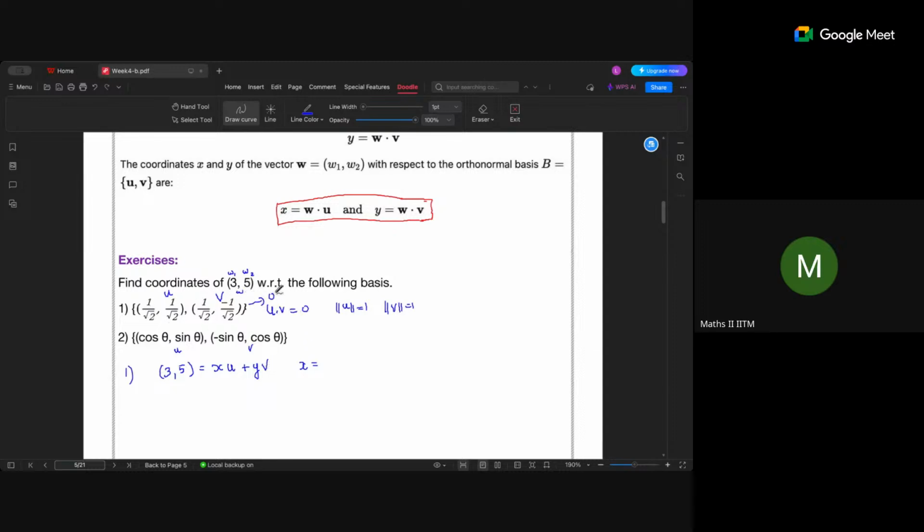Okay, so this I am writing in short as orthonormal basis. So I can have x is equal to, I call this w, so w dot u, and y is equal to w dot v. Now can you tell me what x and y are here?